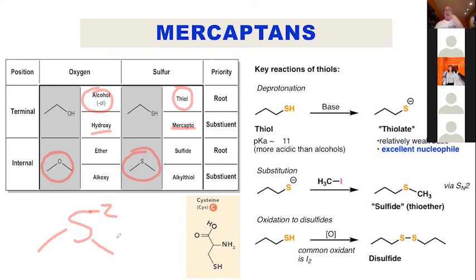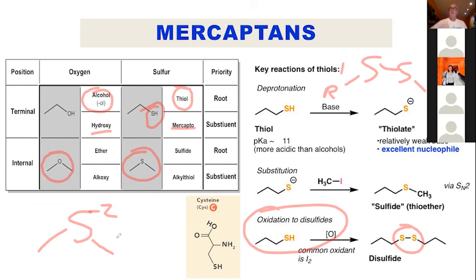And so some of the key reactions are, this one is probably the most important: oxidation. When these thiol groups oxidize, they form disulfides. They have these disulfur bonds, and that is another reaction that keeps proteins together. There is an amino acid called cysteine that has a mercaptan at the end.